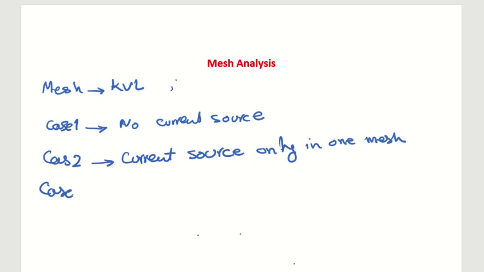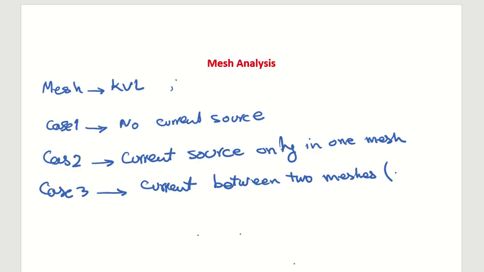Case number 3, current source between 2 meshes. We also call it supermesh. Case number 4, when we have a dependent source.